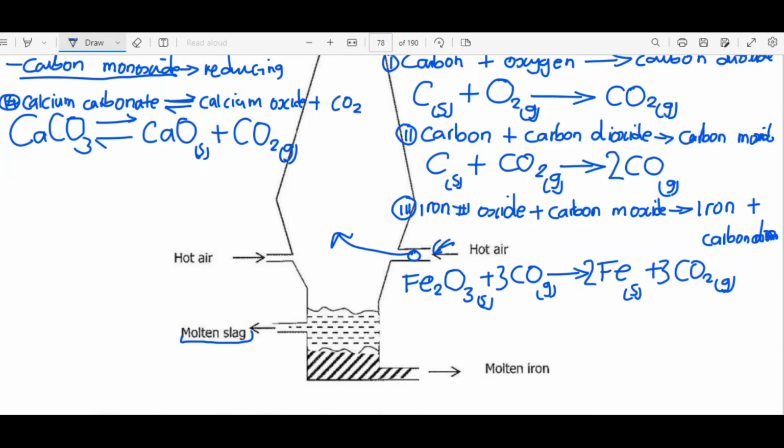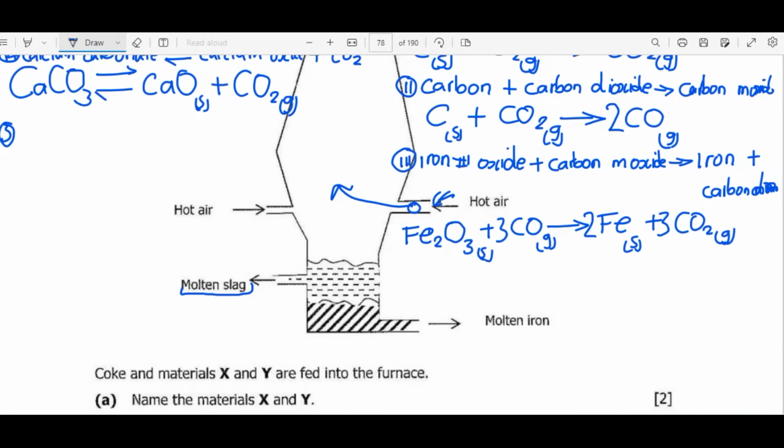Then let's have stage 5, which is the last one. Let me see if I have enough space here. Okay, so stage 5 will say calcium oxide. From stage 4, we just want calcium oxide plus silicon dioxide.